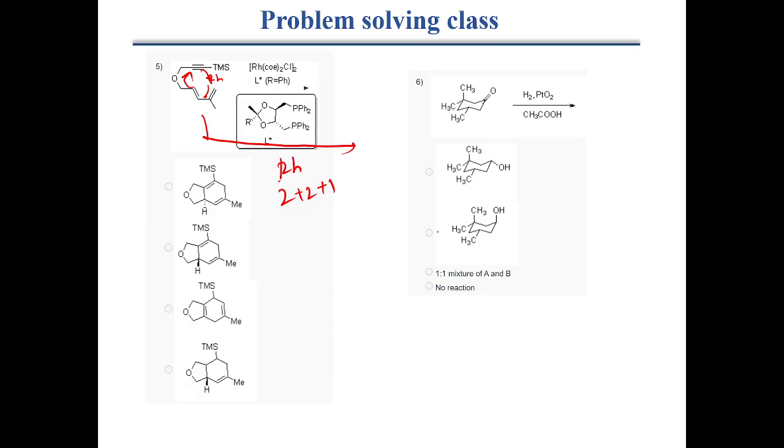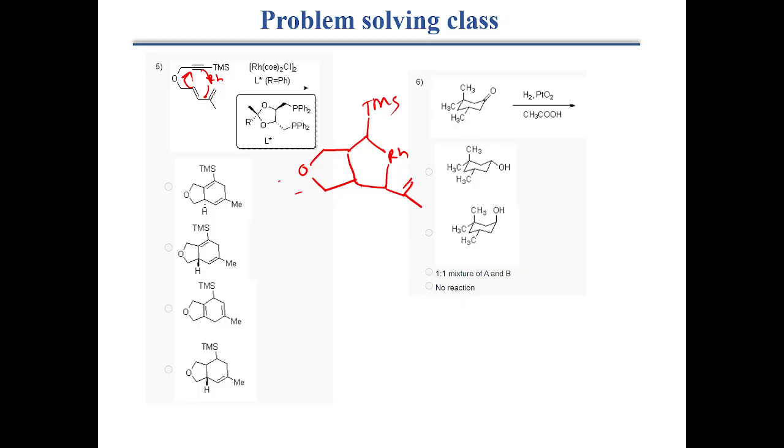So the 2 plus 2 plus 1 pathway will generate TMS, rhodium, this one.